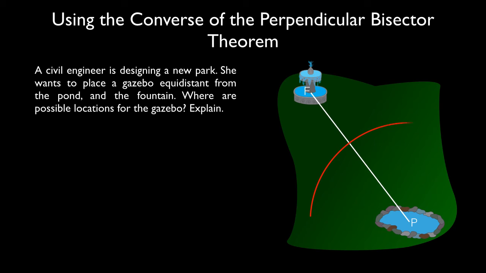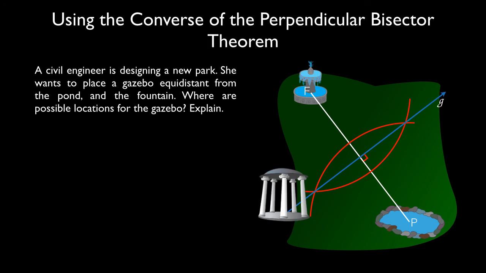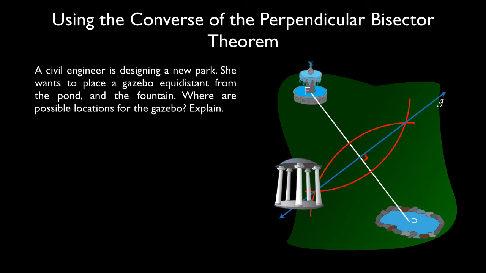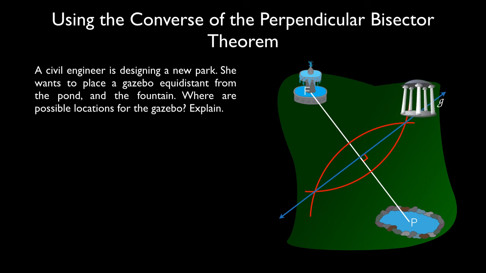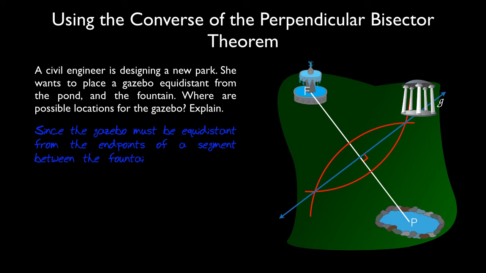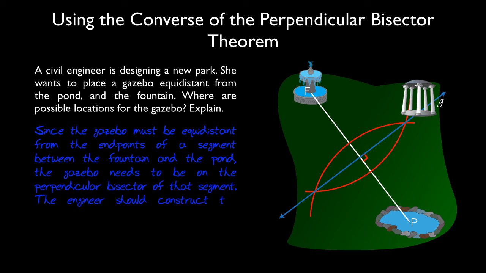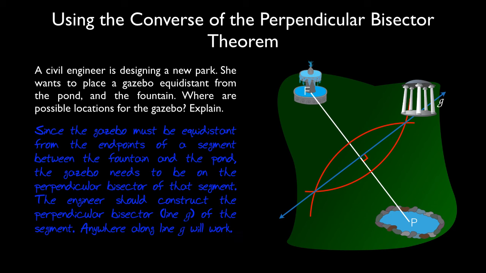So our civil engineer is going to have to put their compass at point P, draw an arc, move the compass to point F, draw another arc, and voila, line G here is the perpendicular bisector of segment FP, which means that she can place a gazebo anywhere along line G, and she will have a gazebo equidistant from the fountain and the pond. So we get an answer similar to that.